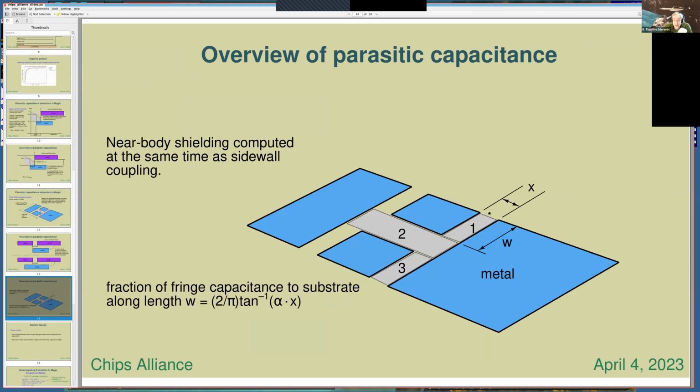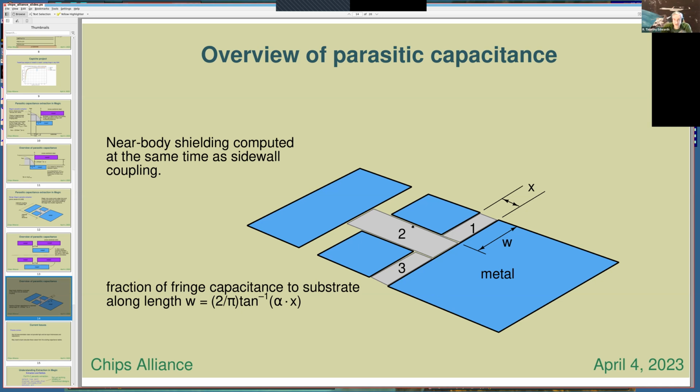So using the same routine for dividing up the areas for the sidewall capacitance, I could say, all right, this is the area that is essentially a partial capacitance for the fringe from metal down to substrate, and everything behind it is completely shielded.